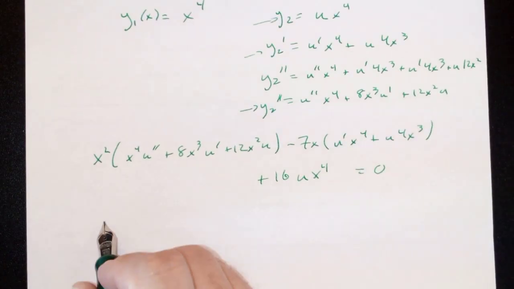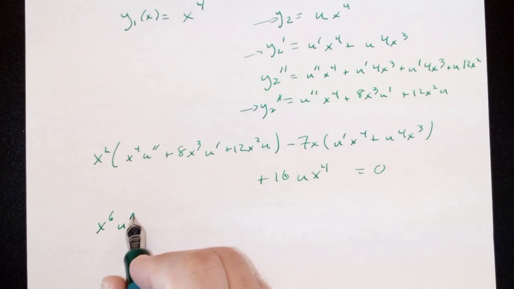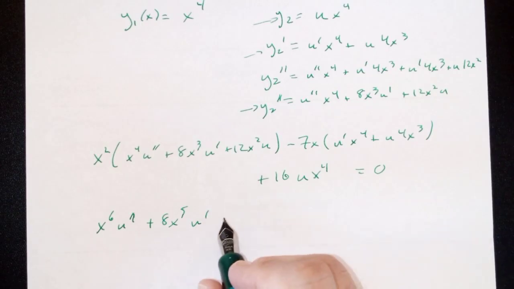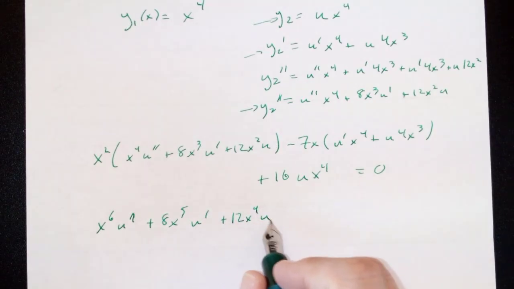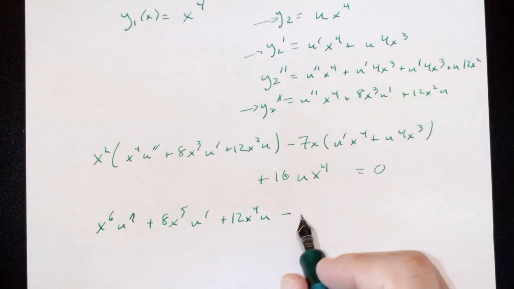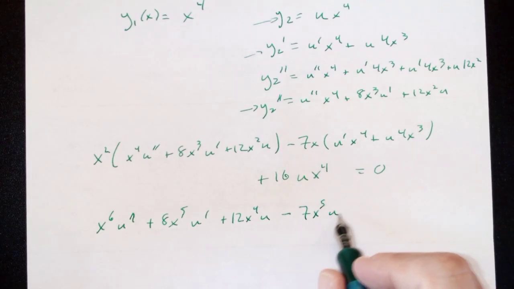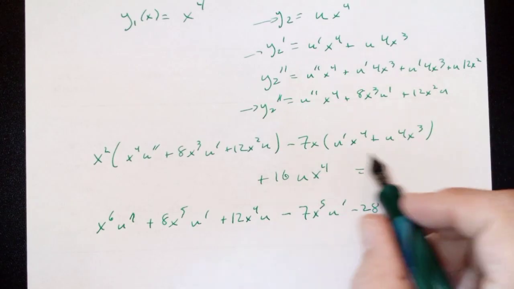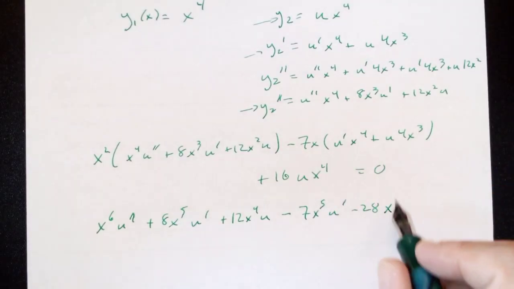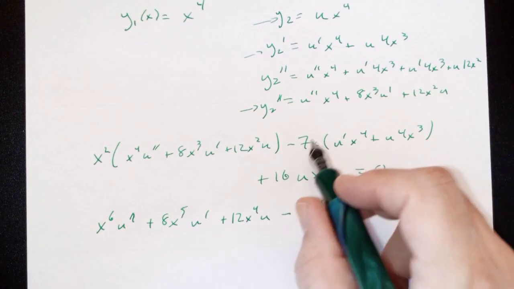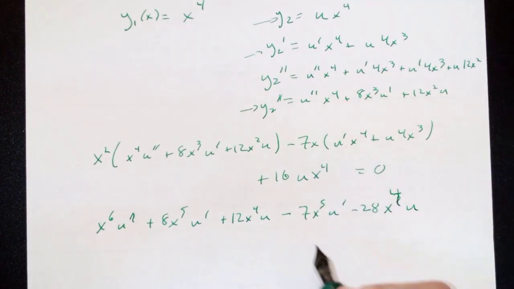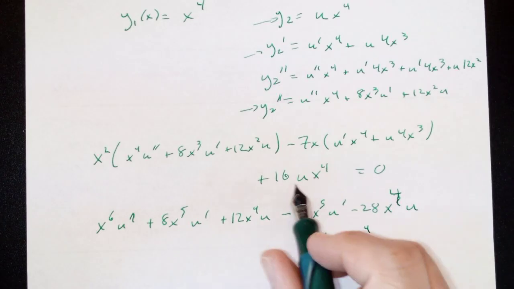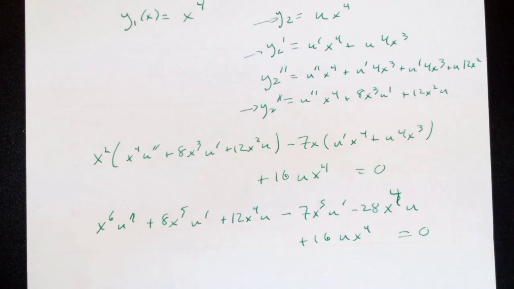I have x to the 6th u double prime plus 8x to the 5th u prime plus 12x to the 4th u minus 7x to the 5th u prime minus 28 x to the 4th u, because there's an extra x out there, plus 16 u x to the 4th. That should equal 0.